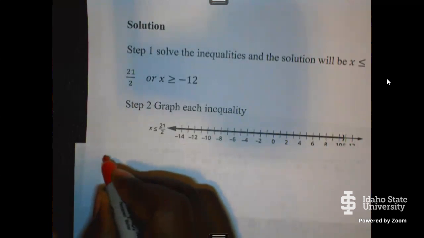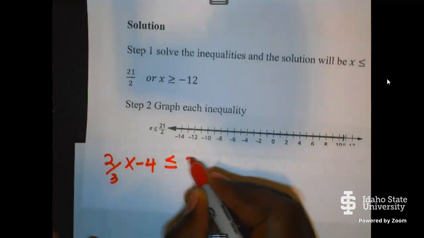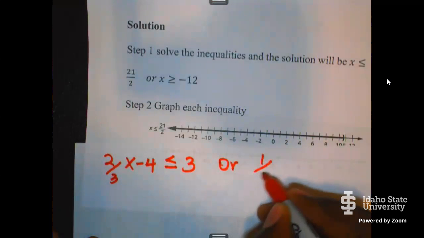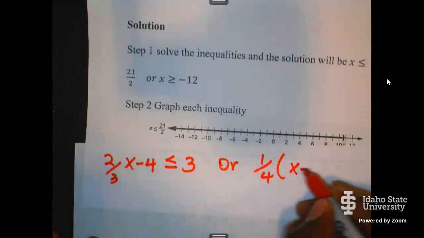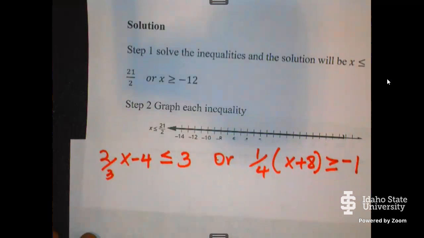So this is 2 over 3 x minus 4 less or equals to 3, or 1 over 4 x plus 8 greater or equals to minus 1.